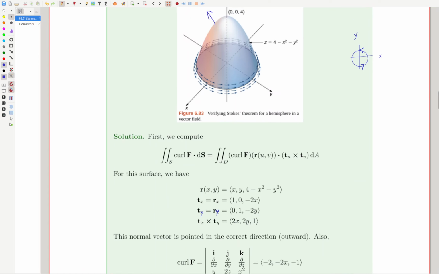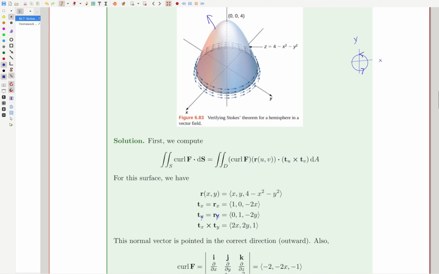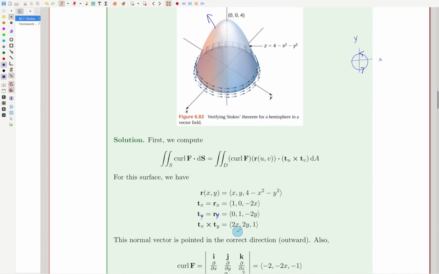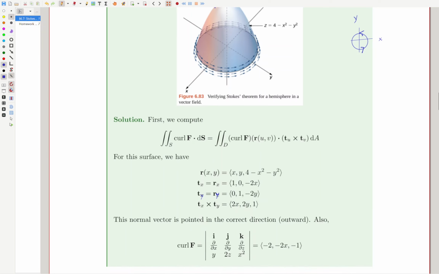So in order to make things match up, we should verify that this normal vector is pointed in the right direction, namely outwards. And by just quickly staring at this, you can see that it is. If we plug in at 0, 0 at the origin, this would be 0, 0, 1, so it's pointed upwards. And so that's good.